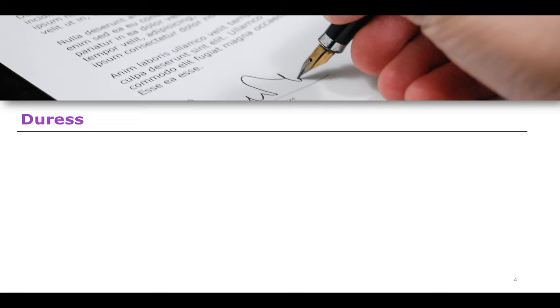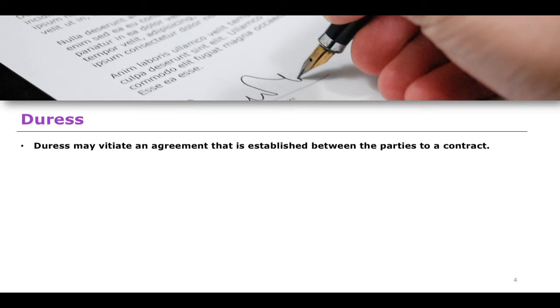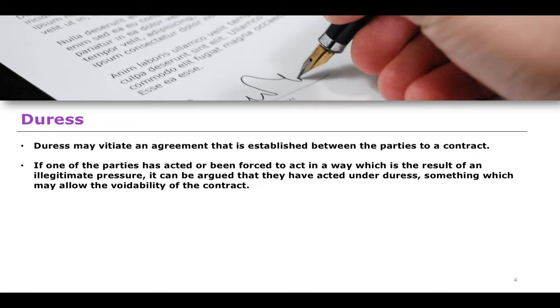So, duress essentially may vitiate an agreement that is established between the parties to a contract if one of the parties has acted or been forced to act in a way which is the result of an illegitimate pressure. Then it can be argued that they have acted under a form of duress, and that this would essentially allow that contract to be voided.